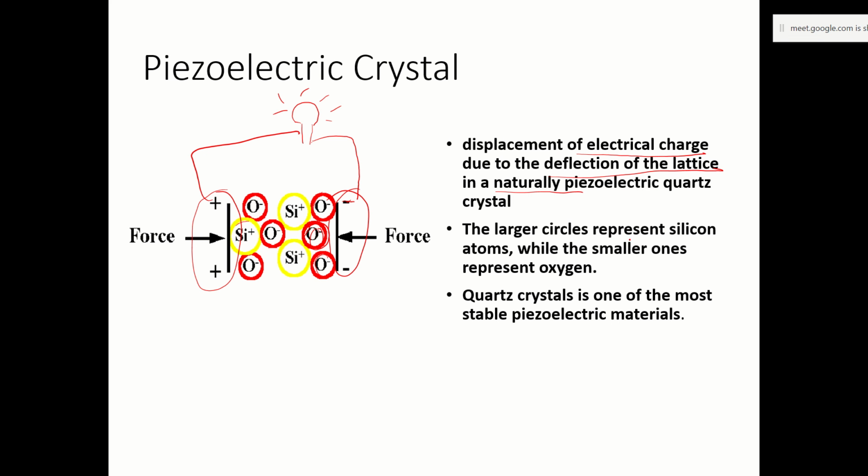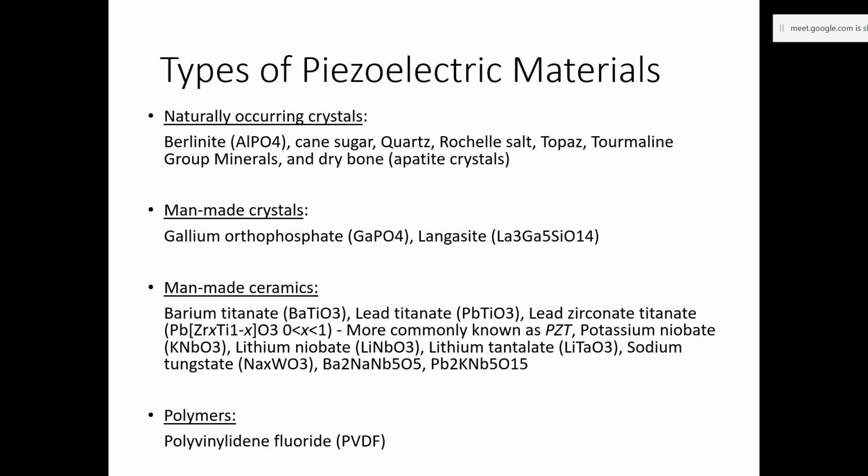The large circles represent silicon atoms while the smaller ones are shown here. Quartz is one of the most stable piezoelectric materials. Other piezoelectric materials are naturally occurring quartz, which is already discussed. Bone is also piezoelectric. There are man-made materials like gallium orthophosphate, ceramics, titanate, and polymers like PVDF.